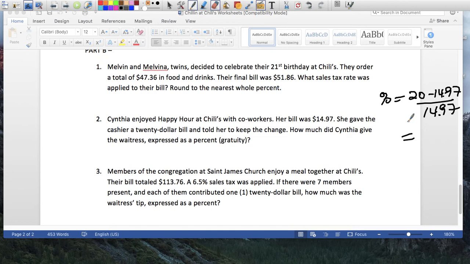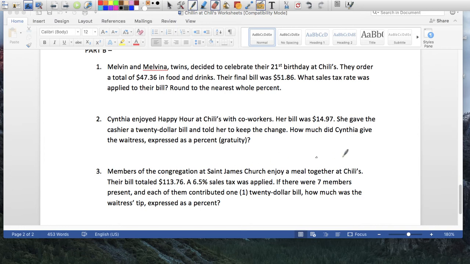Let's do that. 20 minus 14.97 equals 5.03 divided by 14.97 equals 0.336 or 33.6%. Okay. And the last one.